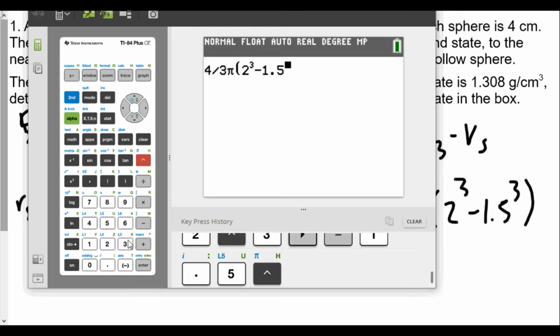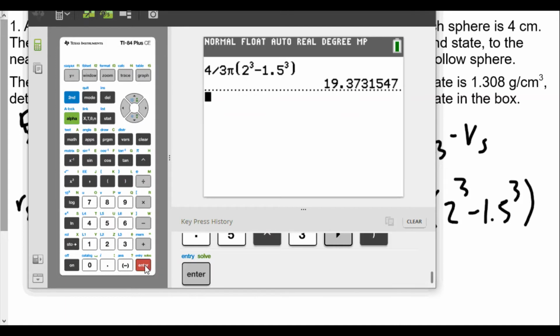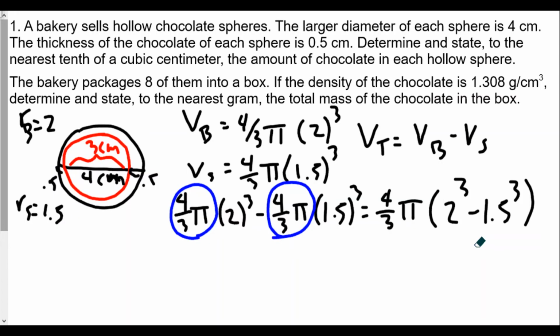Again, if you're not sure why it's 1.5, we found the new diameter of the inside shell of the hollowed out area to be 3 centimeters, and half of 3 is 1.5. That's the radius we're using. So the total volume will be equal to 19.3731547. To the nearest tenth of a cubic centimeter, that's what we need.